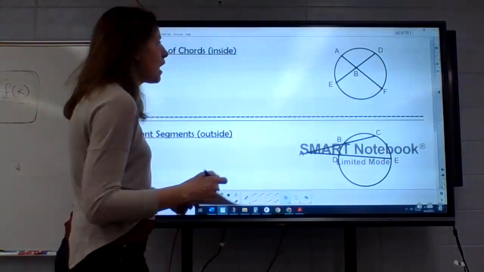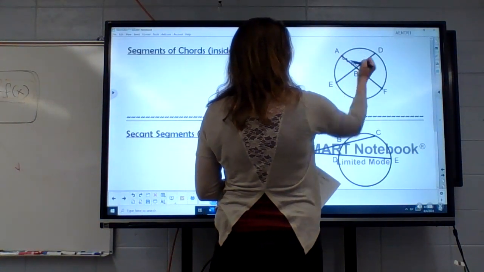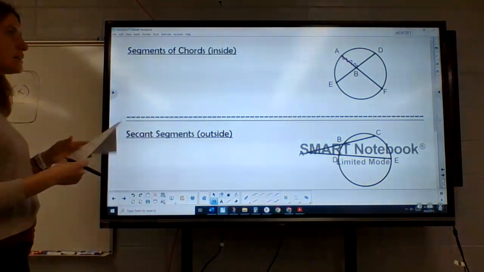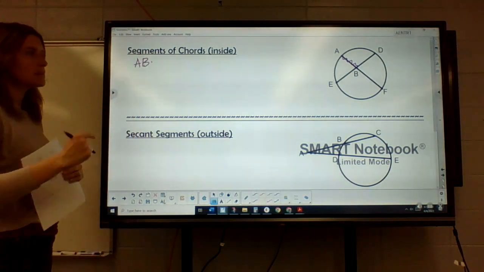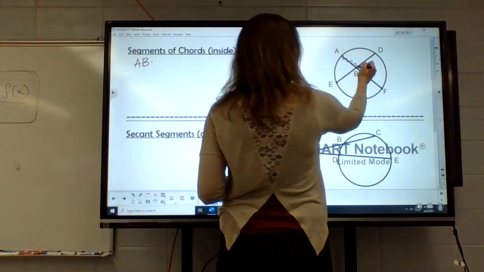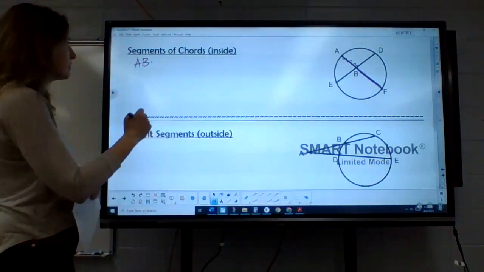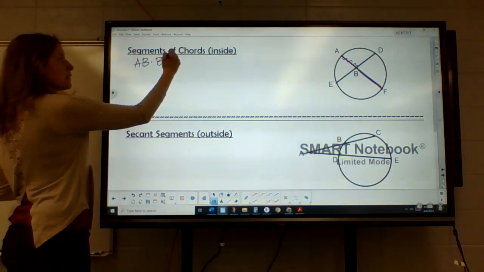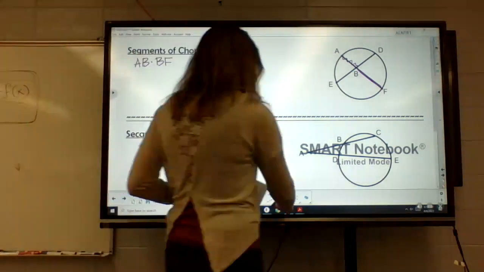Basically this AB is going to get multiplied times the other half of this line, so times BF. And that's going to equal the other line, the little pieces, so EB times BD.